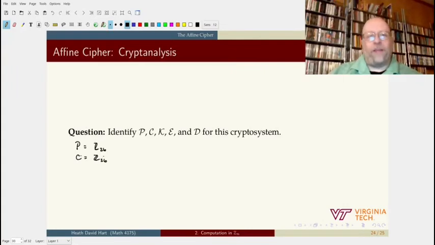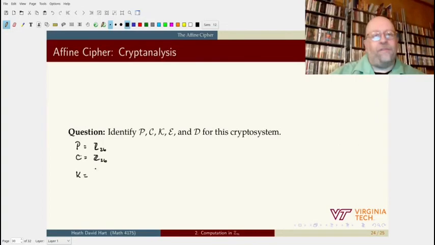We're calculating something that converts them into Z mod 26. K is a set of all possible keys, but a key for this cipher has two parts. The multiplier, the A in the problem, which is relatively prime to 26, and then the number that we're adding, which doesn't have to be relatively prime to 26.